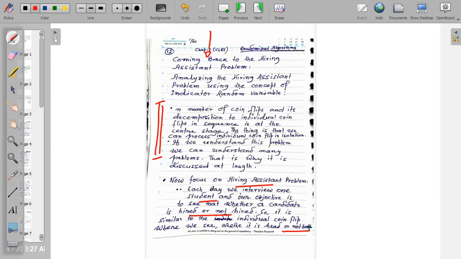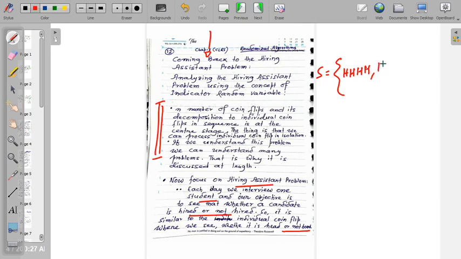I can think of n interviews going on, and the sample space could be, say, for 4 interviews, hire, hire, hire, hire, all hiring.